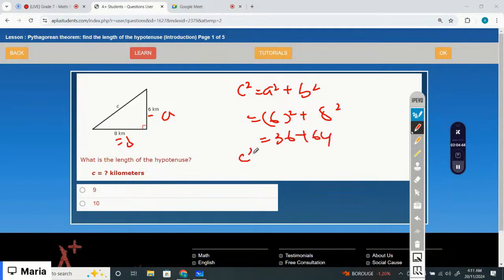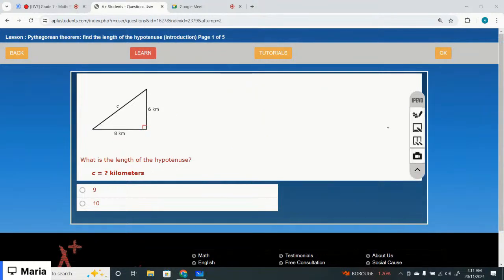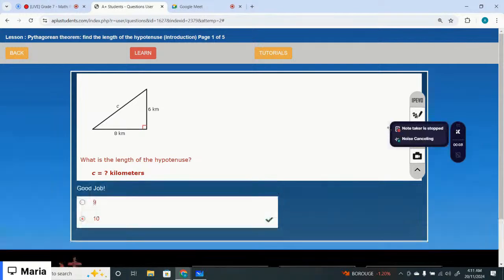That is 36 plus 64 makes 100. So you have to square root both sides. The correct option is c equals 10. Option number 2 is the correct option.